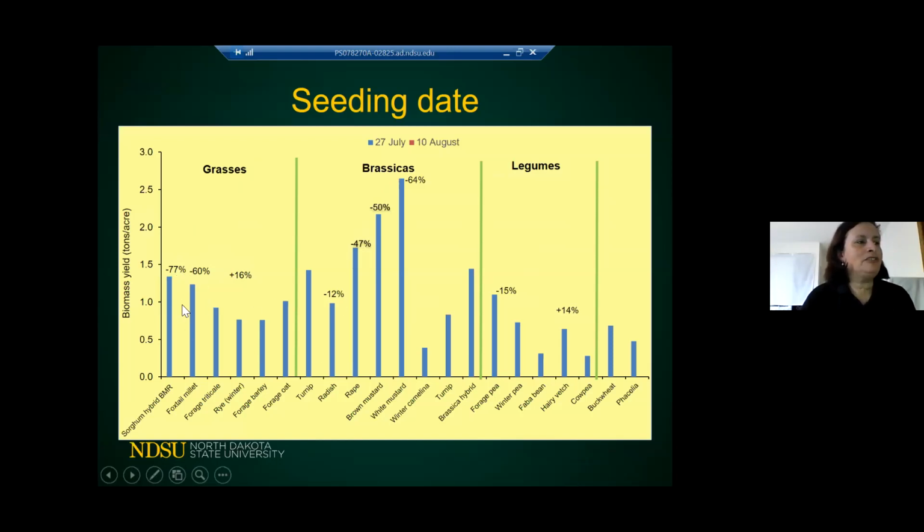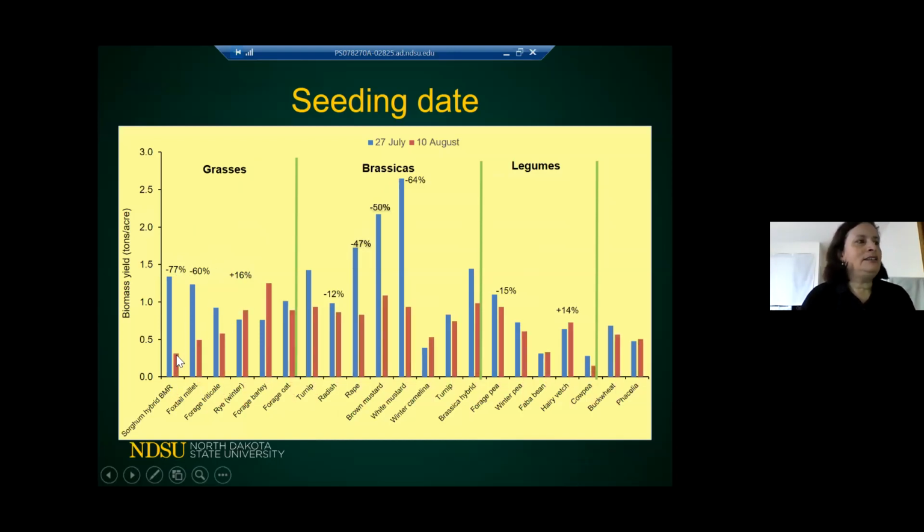Forage sorghum and foxtail millets are warm season. If I now put up the second date, you can see the biomass produced from planting until the frost came. For forage sorghum, with a planting difference of not even 15 days, biomass production decreased by 77%.